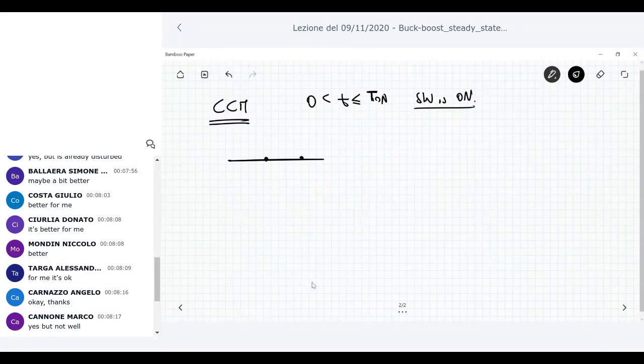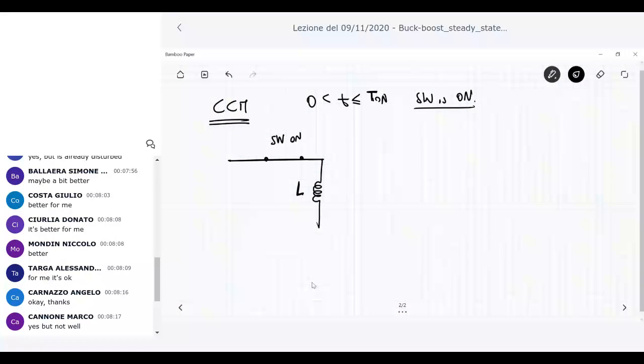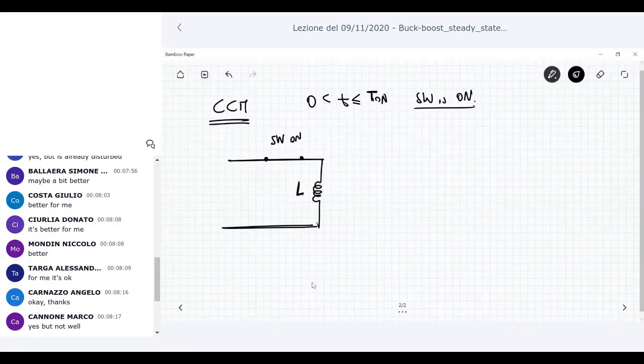The switch is closed, so the switch is on. Then you have the inductor here. This is the input side, in which you have C_in and then V_in.